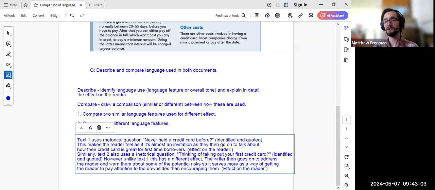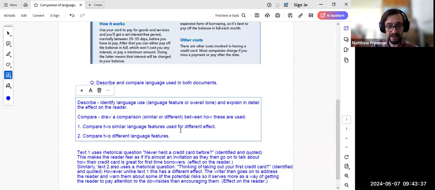If you are comparing the same language feature, odds are in the exam questions they give you, if text 1 is using one language feature and text 2 is also using it, they are going to be doing it for different reasons. So by using the same language feature, you know you're comparing like with like, but you also know you are going to have to compare how they're used differently, which encourages you to dig a bit deeper and really get to grips with what this particular language feature is doing.